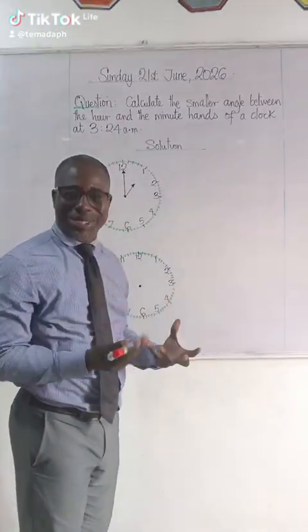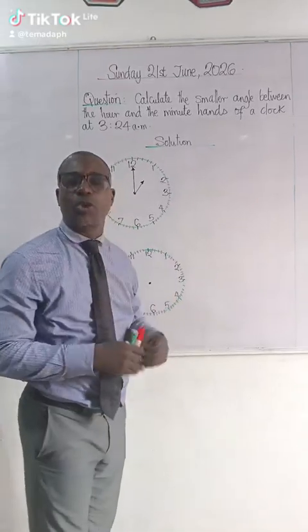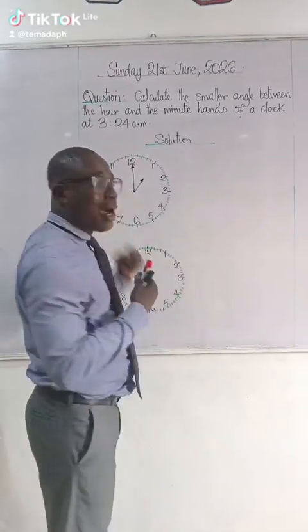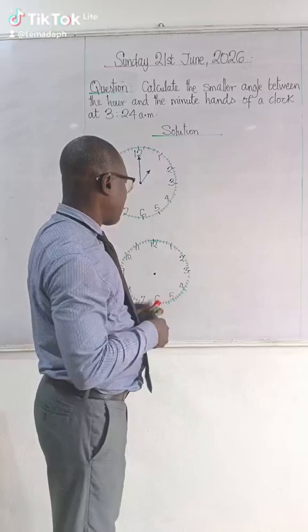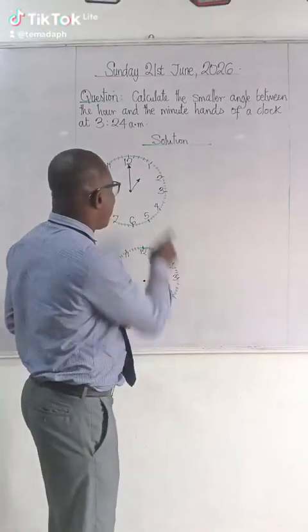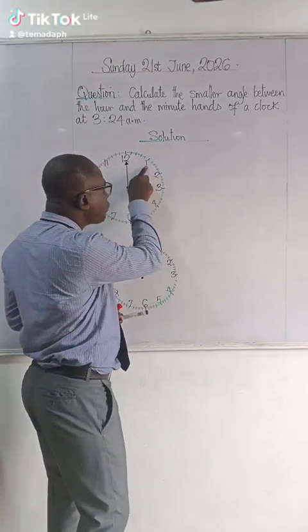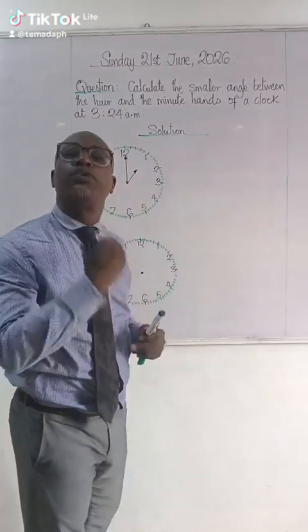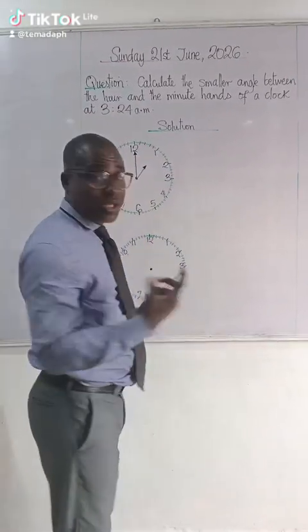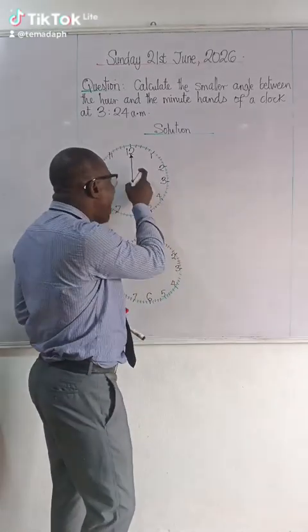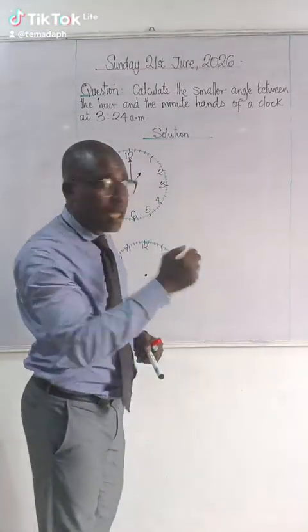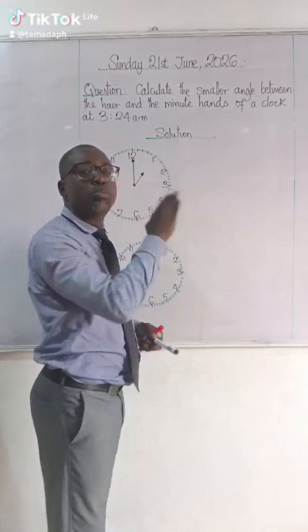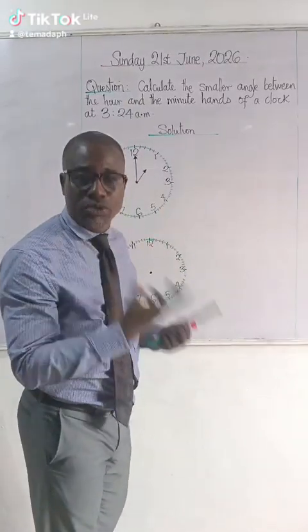Now, there are some interesting facts that we need to know when it comes to angles between the hour hand and the minute hand. For the hour hand to move once, the minute hand will have to move forward 12 times.